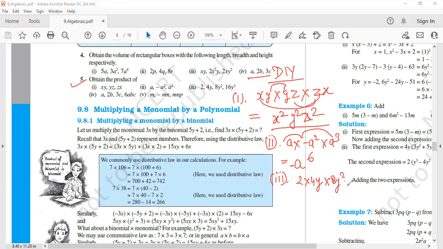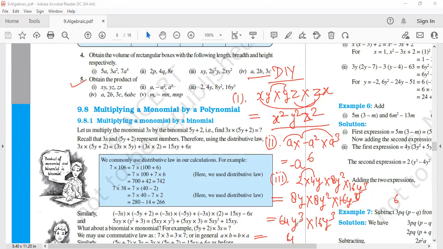Now for the third part, if I'm talking about 2 into 4y into 8y square into 16y cube. So it will give you 4 twos are 8, 8 eights are 64. Okay. So firstly 8y into 8y square into 16y cube. Now this one gives you 64y cube into 16y cube.